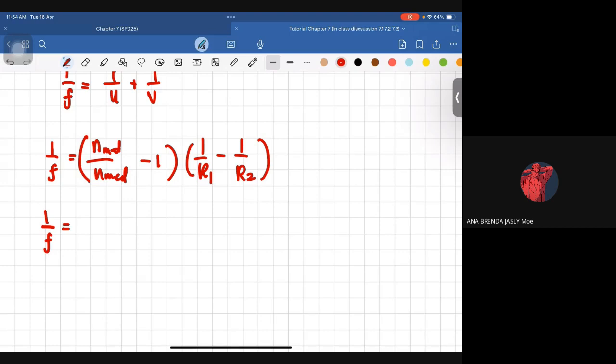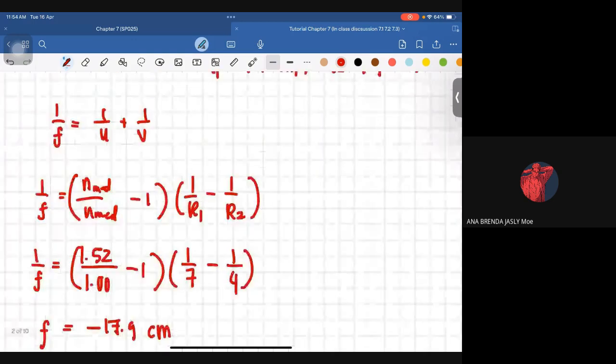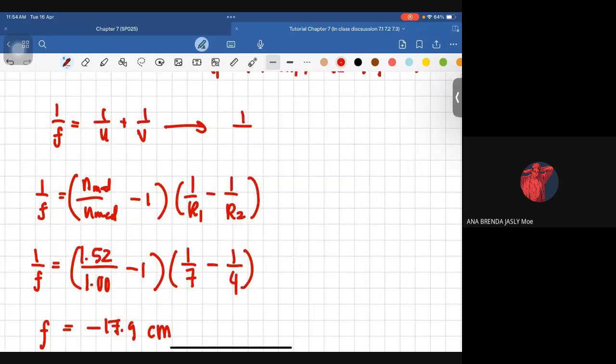So the material punya refractive index is 1.52. And then the dimension, they can submerge in liquid or what. So we are going to assume it is in air. So minus 1, this one, 1 over 7 minus 1 over 4. So you will get the focal length negative 17.9 centimeter. So selepas dapat the focal length, bolehlah cari the image distance.